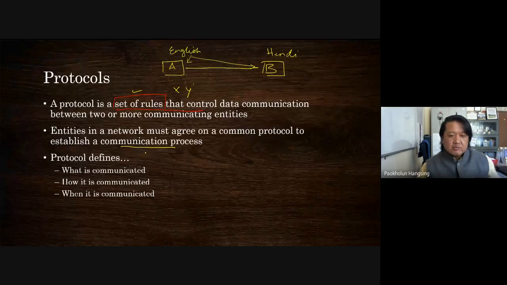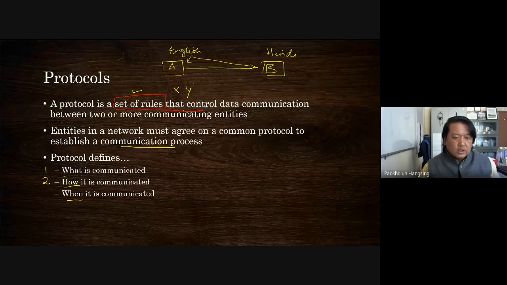So what does the protocol do? The protocol defines certain things. What is to be communicated, that is defined by the protocol. How it is to be communicated, then when it is to be communicated. So this how, what, and when is very important.